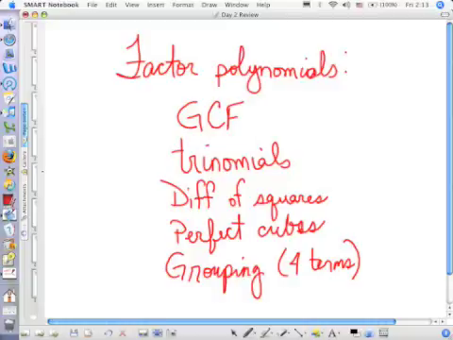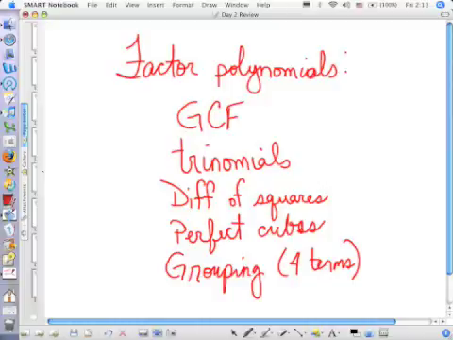Factoring. We put them together through distribution and through FOIL. Now let's talk about factoring, taking it back apart. We had 5 ways of factoring. Greatest common factor, which is the reverse of distribution. Factoring trinomials, which is the reverse of FOIL.